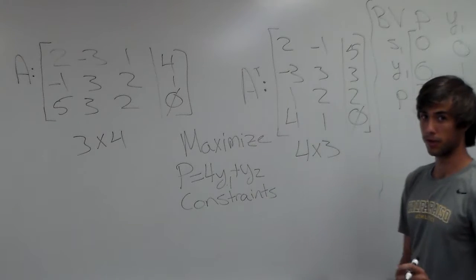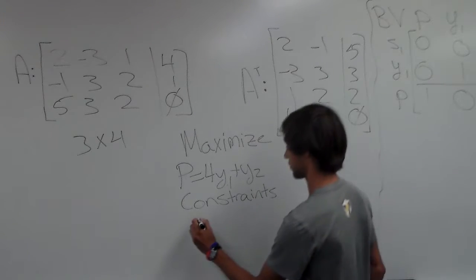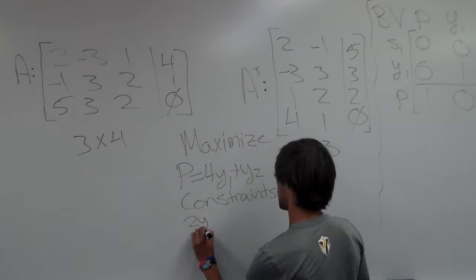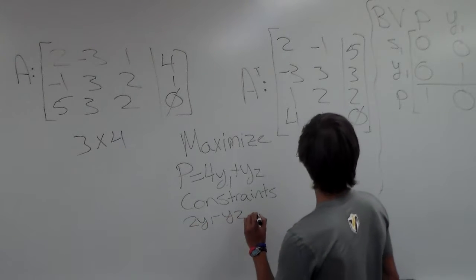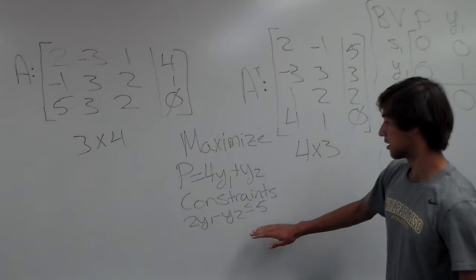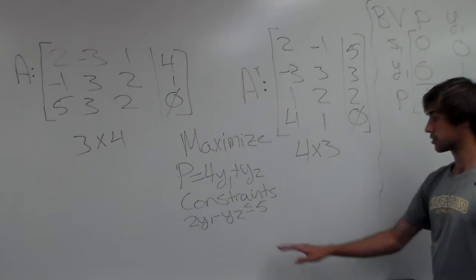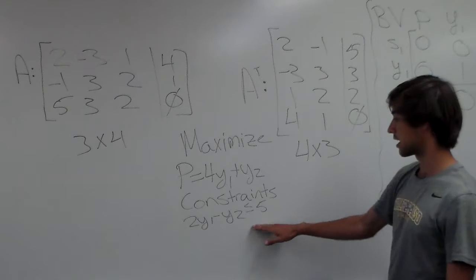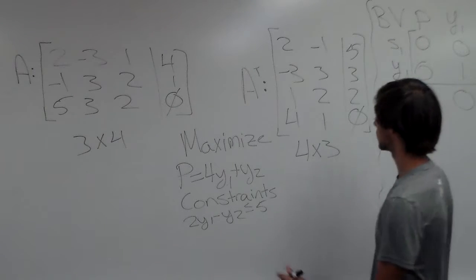and this is going to be subject to our constraints, which are going to be coming from our first 3 rows. So that gives us 2y1 minus y2 is less than or equal to 5, because remember, when we're having our maximum problem, we need to have everything less than or equal to a constant.